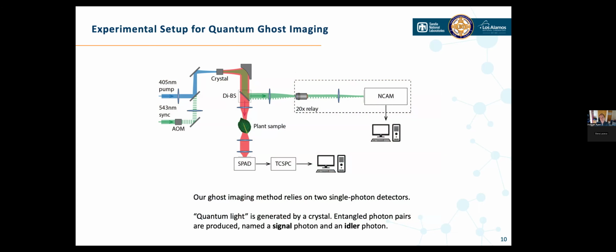The other photon goes through our sample and then gets detected by another single photon sensitive device, this SPAD, but it's a single element, so it doesn't actually develop all the spatial context. Now, the photon that goes through the sample is typically called the idler photon. It's a terminology I might slip into. And the photon that does not interact with the sample, but goes just to the camera, that's typically called the signal photon.